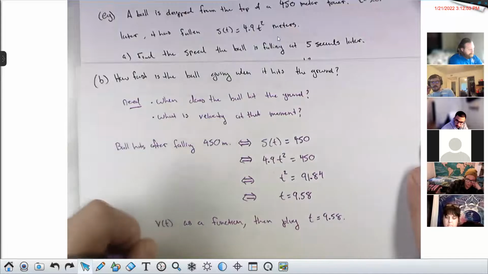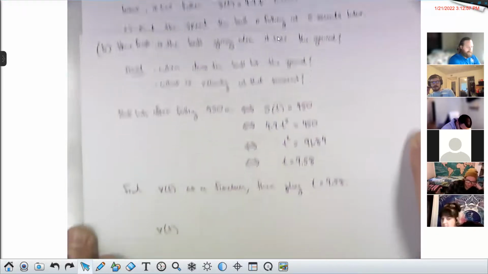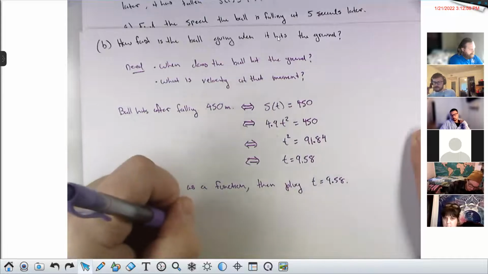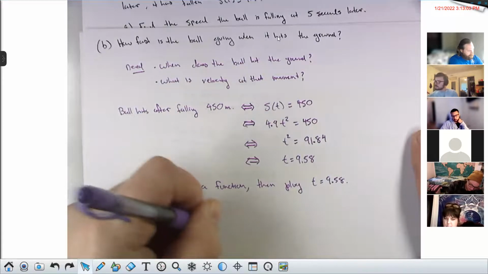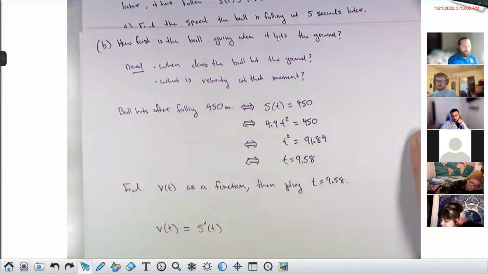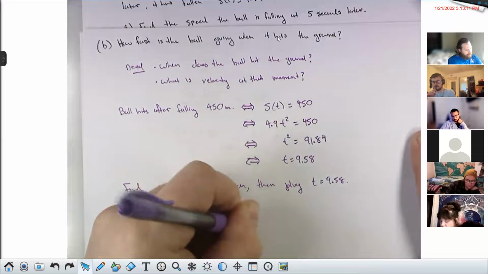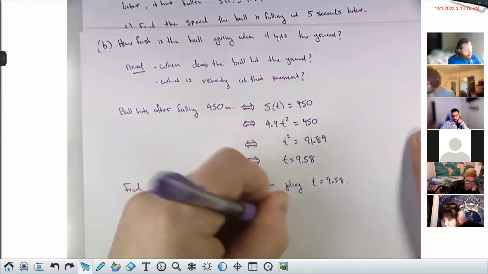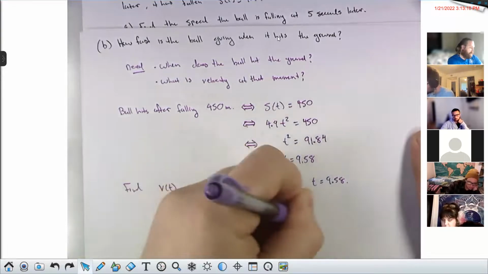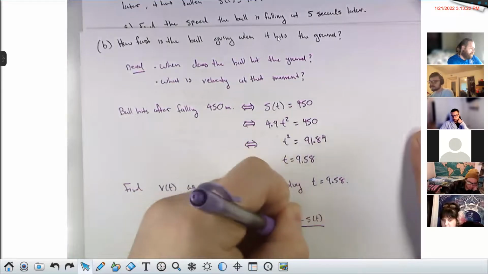So v of t, if I just let the variable t stay in my definition of the derivative, this is s primed of t. Instead of plugging a specific number a in there, I just leave it. Limit as h goes to 0 of s of t plus h minus s of t all over h.